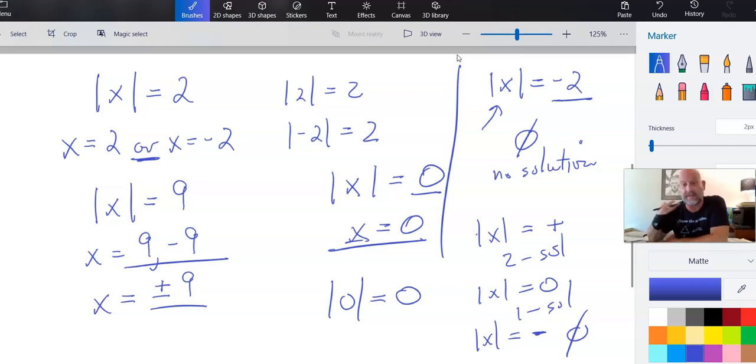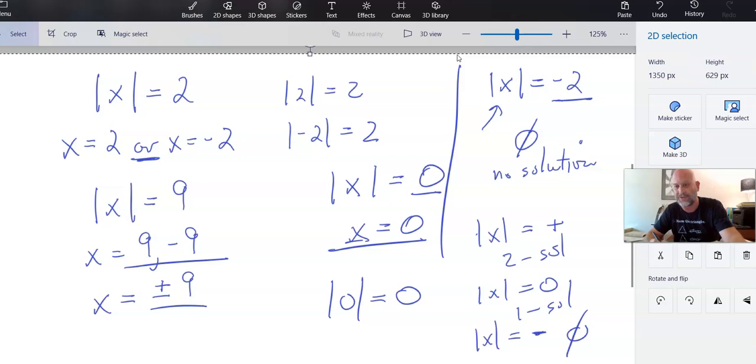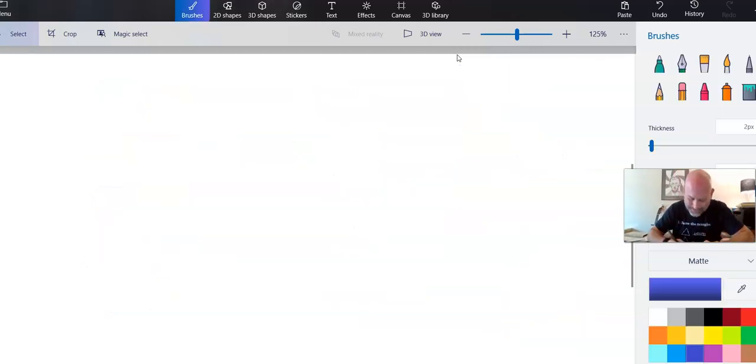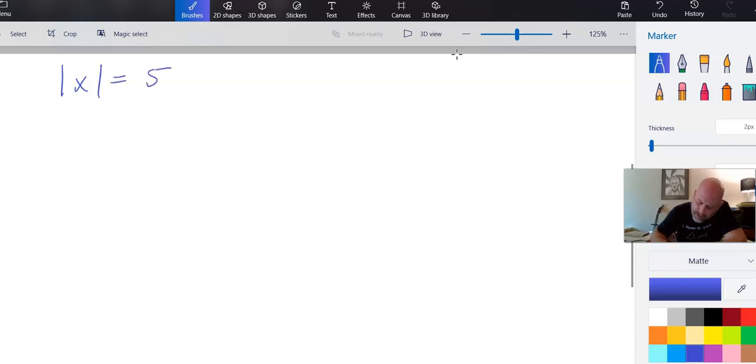So let's go ahead and see how this plays out when we start making things a little bit more, well, you know the word, interesting. Let's make it a little more interesting. Okay, so we saw that what we got before, when I set this equal to a number, basically what I got was two equations out of it.